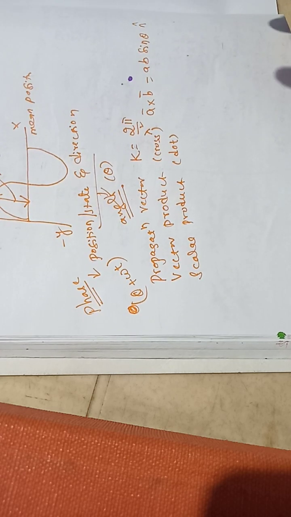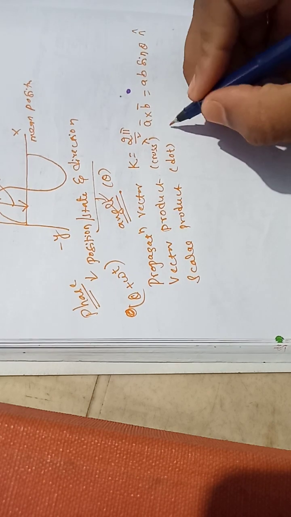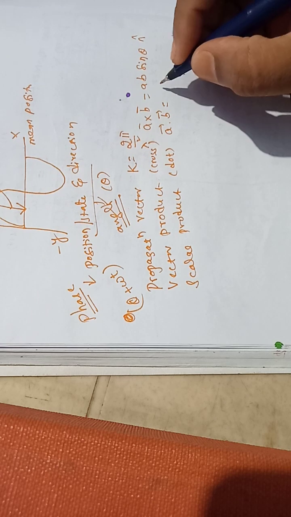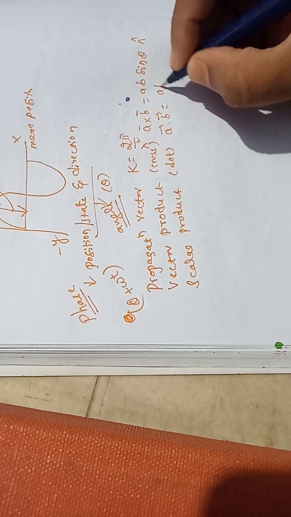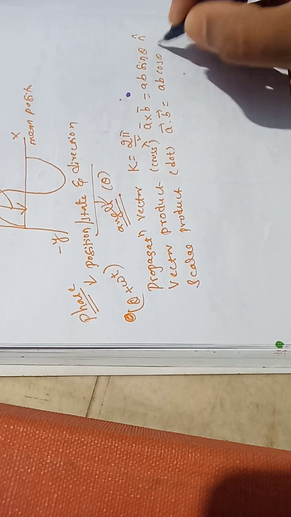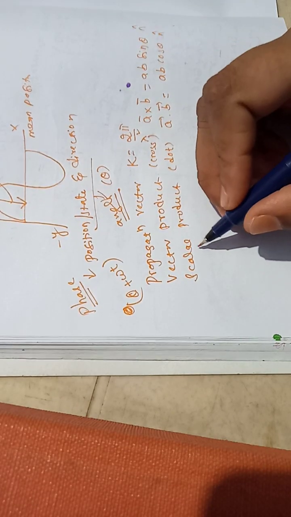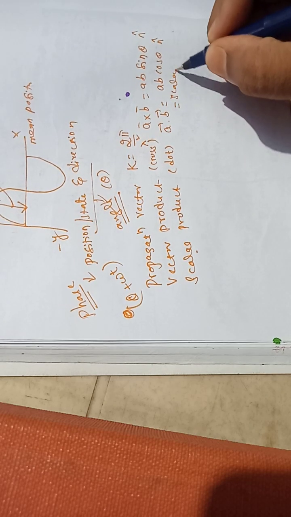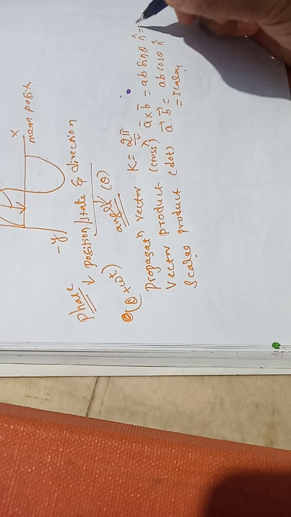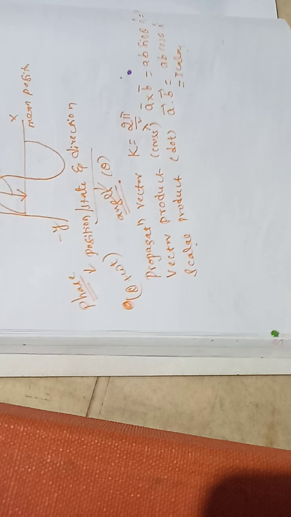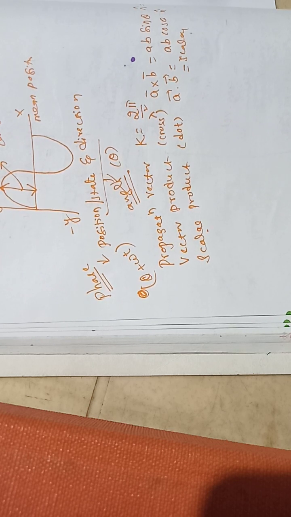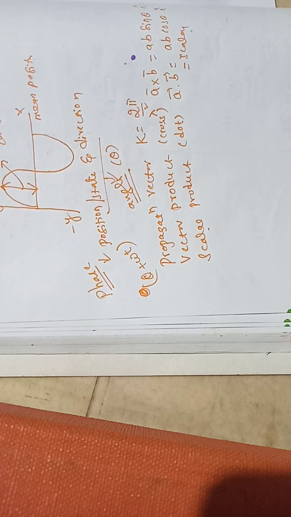Next, the dot product between two vectors, A dot B, we call the scalar product. Here we get AB cos theta. We call it a scalar product because the answer is a scalar. We call it a vector product because the answer is a vector. Alright, this is about the vector product and scalar product.